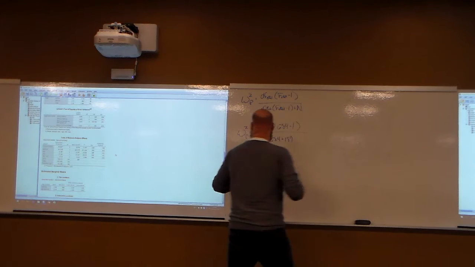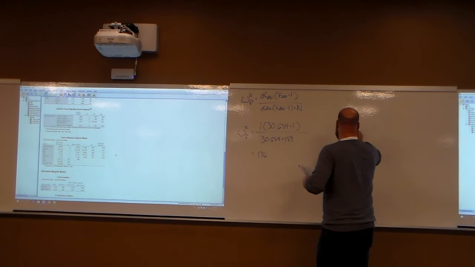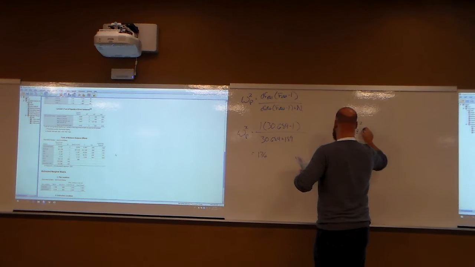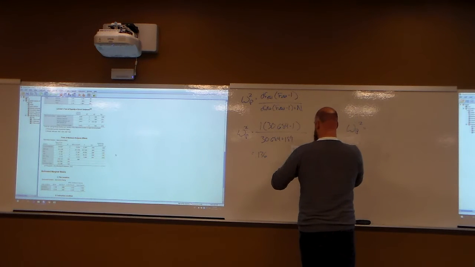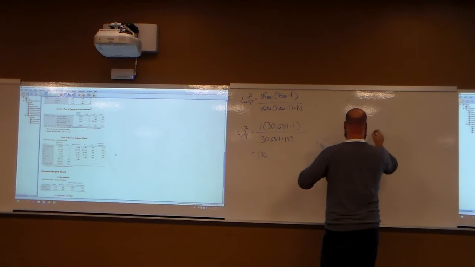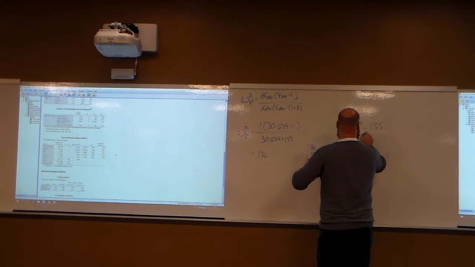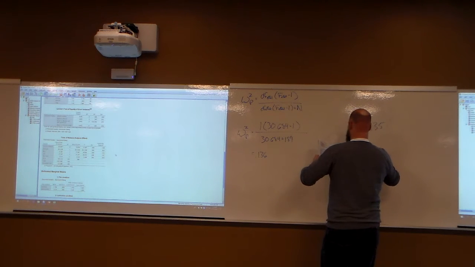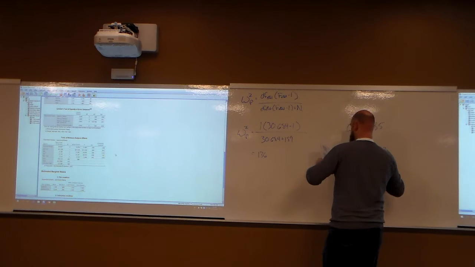So if we were to go through the same process and look at partial omega squared for my main effect of instruction, it's going to be similar. It's going to be 0.135, and then my partial omega squared for instruction by film is going to be 0.013.